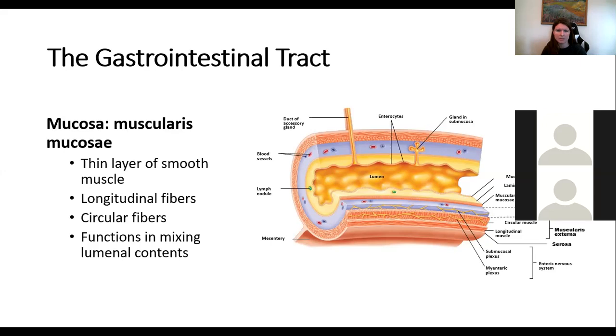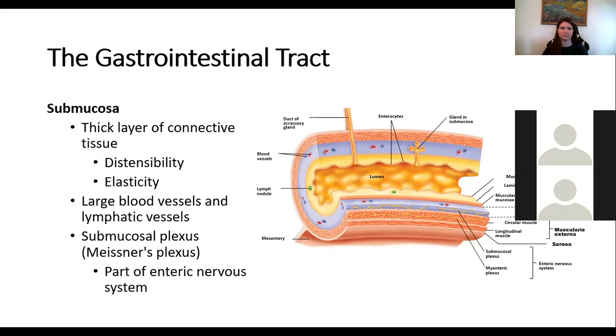And so the muscularis mucosae, this thin layer of smooth muscle right in our mucosa itself, is going to help to mix the food in the lumen of the gastrointestinal tract. So it's going to help out with that function.